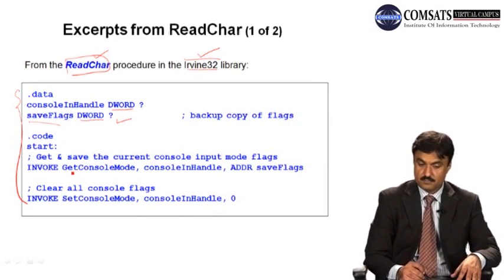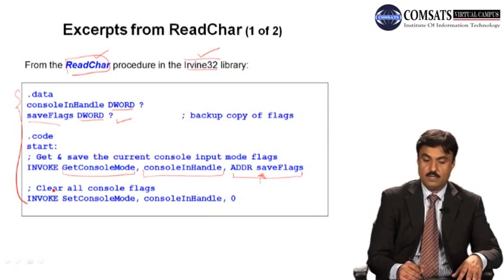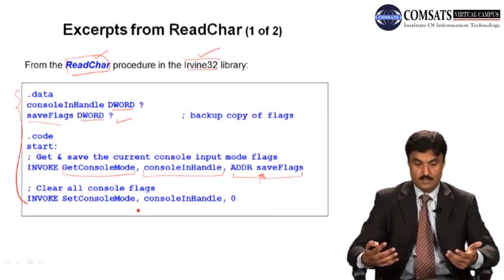So first we get the console mode. What is the console mode? We get and save the current console mode flags. The console handle is here, and then the address of the flags. Whatever the console mode flags are, they will be stored here, and we clear all console mode flags, and then we read the character.